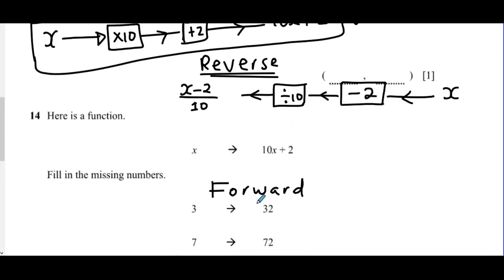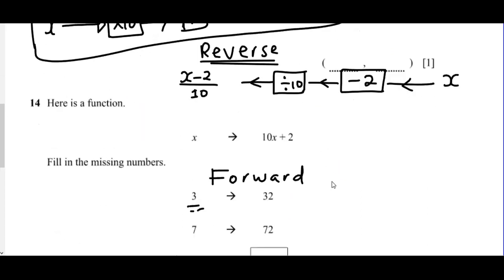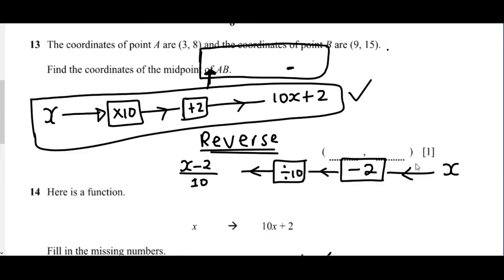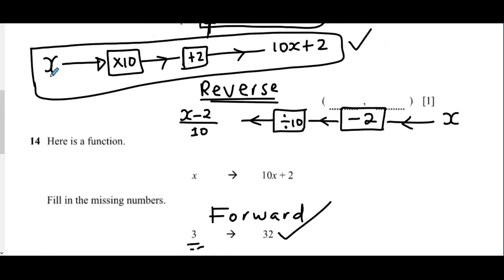Now, in our case here, the input is 3. So when you take 3, put it here. 3 times 10 is 30. 30 plus 2 will be 32. And that is what you can see there. How about when the input is 7? Same thing, we need to use the forward movement. 7 comes here as an input. 7 times 10 is 70. 70 plus 2 is 72.